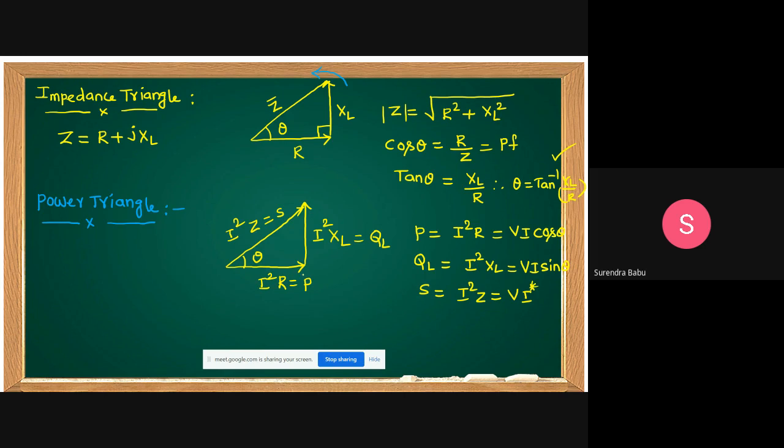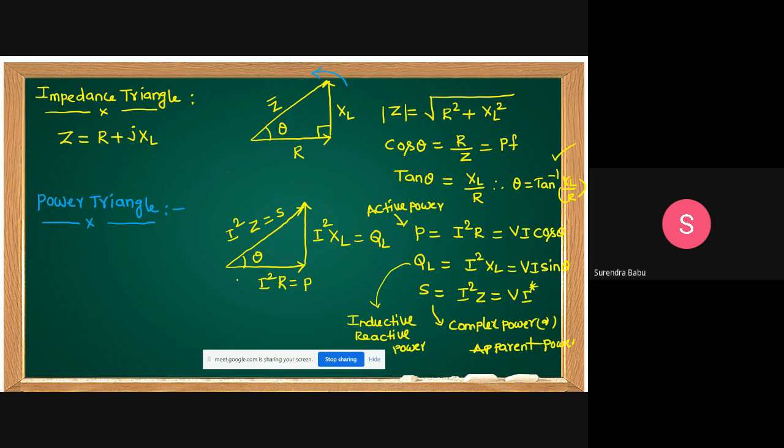Here QL is the inductive reactive power, S is the apparent power or complex power, and this is the active power. These are the different expressions we are getting.